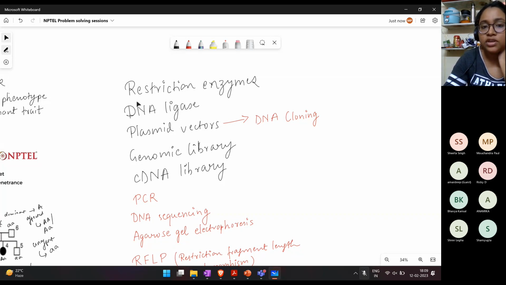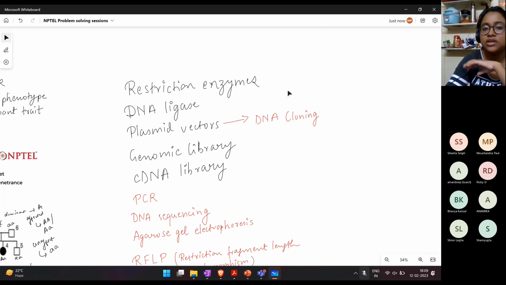These are the tools, or the methods, by which we can identify the defective gene wherever it is present in the genome, and make conclusions whether or not this gene is actually causing the disease. This is a very tedious process, and it takes years to finally conclude something with confidence.